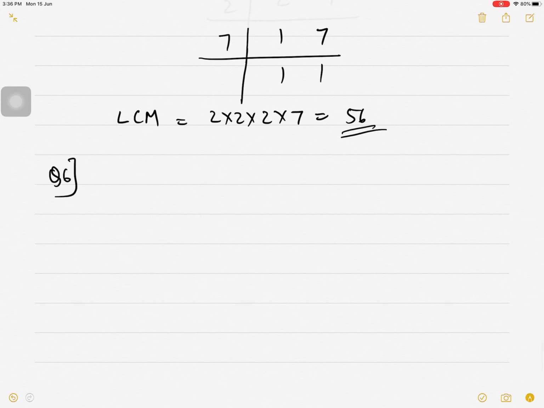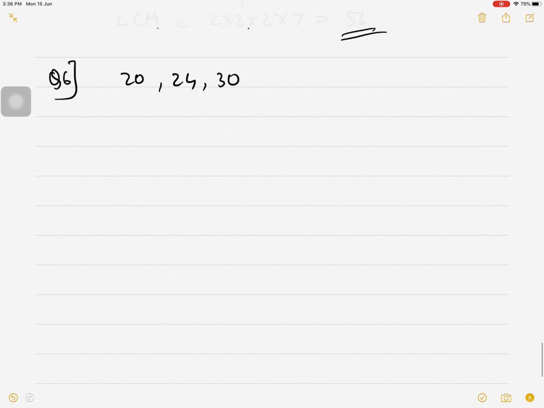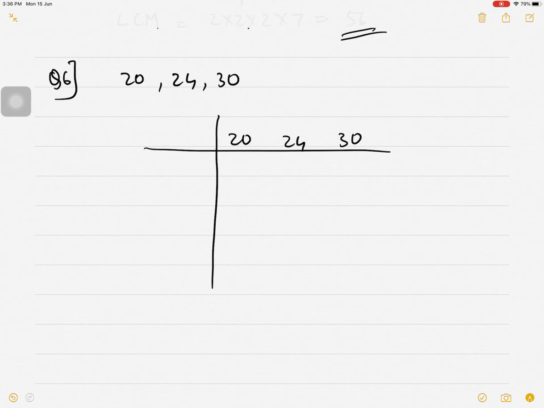Question number 6. Find the LCM of 20, 24 and 30. Let us see what the factors of 20, 24 and 30 are. So 2 10s are 20, 2 12s are 24, 2 15s are 30.